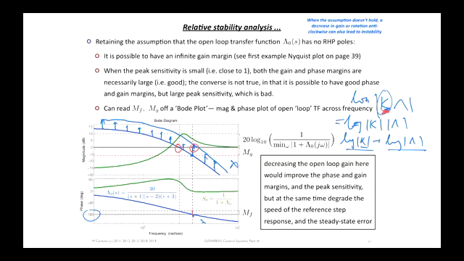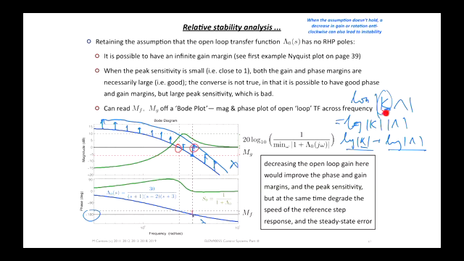A common adjustment is just multiplying by a constant gain. So increasing the gain, multiplying by a number bigger than 1, typically shifts the crossover frequency to the right. You can see that's what's happening here. When we shift the crossover frequency to the right, we're effectively setting the phase margin to 0.